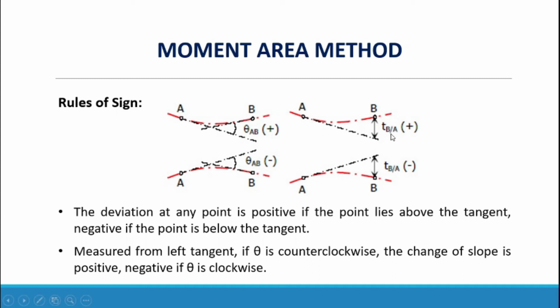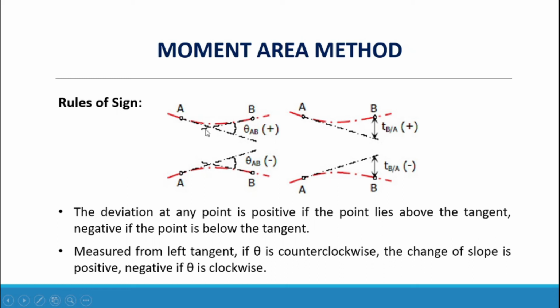For the deviation from B to A, based on the tangent line and the vertical up to point B, the sign is positive, and for the slope in the counterclockwise or clockwise direction, the sign is positive or negative respectively. The deviation at any point is positive if the point lies above the tangent, and negative if the point is below the tangent. So this will be your basis.